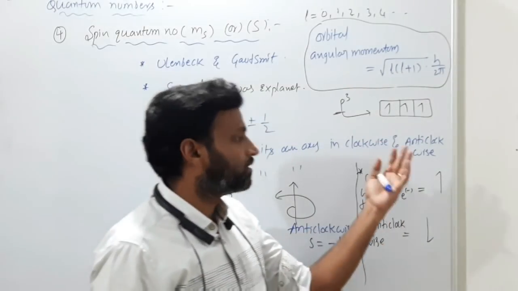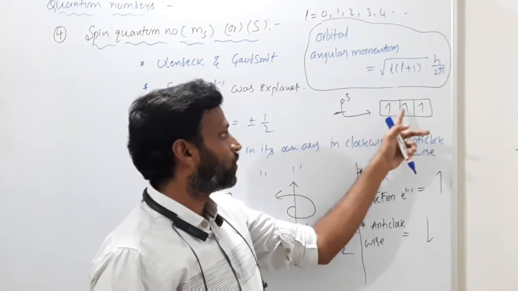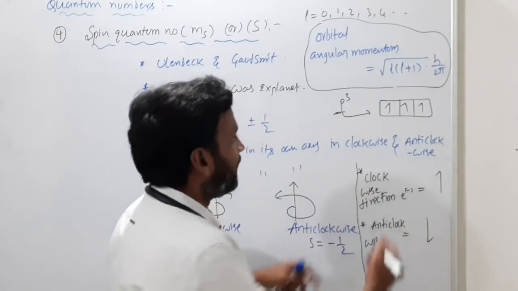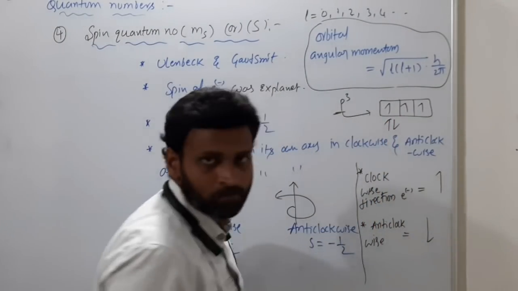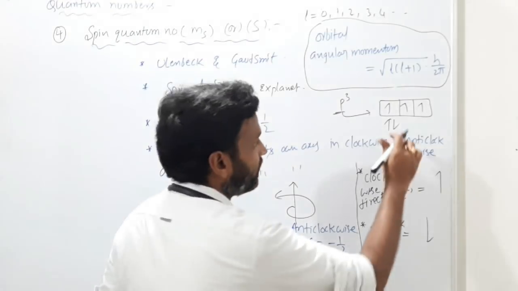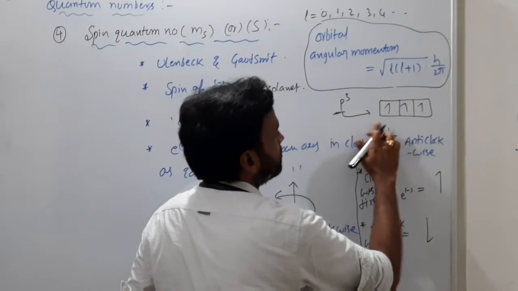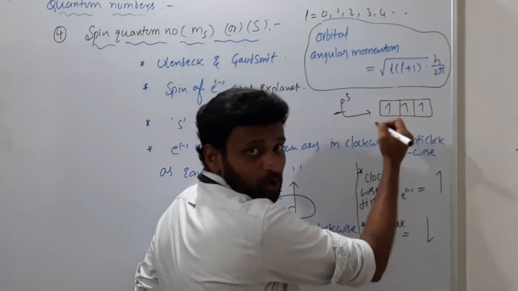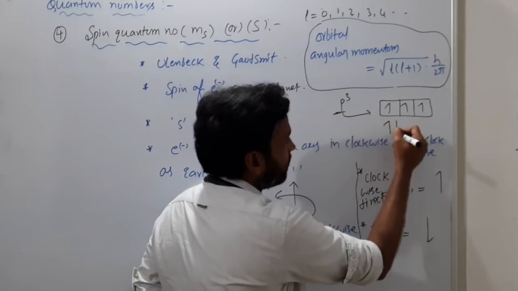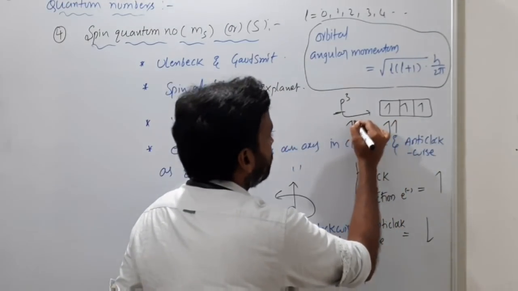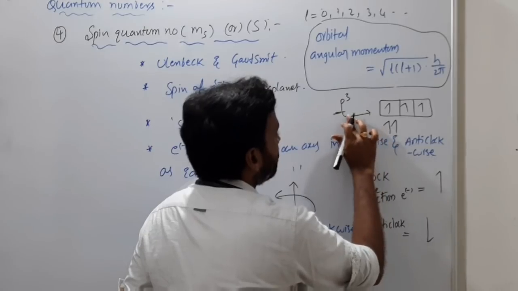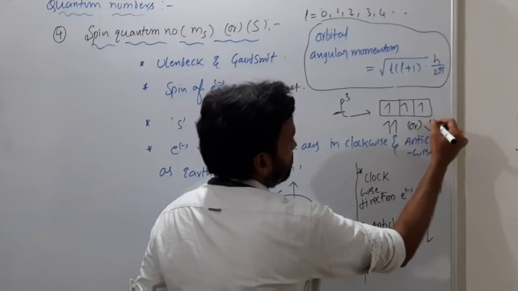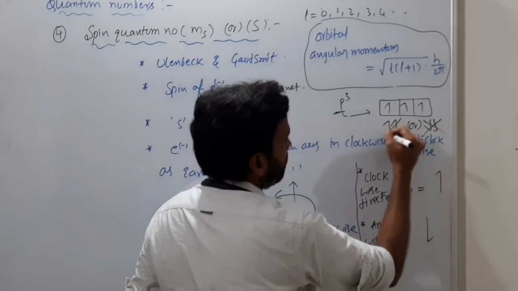A single electron is represented upwards. Only on pairing do we represent the electron with a downward arrow. In the same box, in one degenerate orbital, we won't represent two electrons both upwards or both downwards. That is wrong.